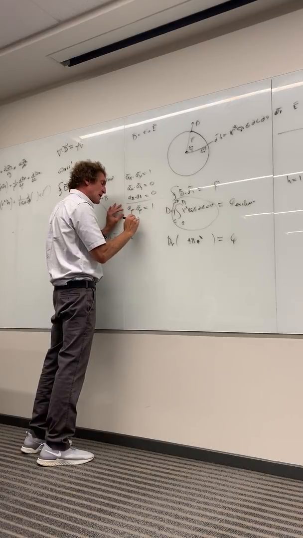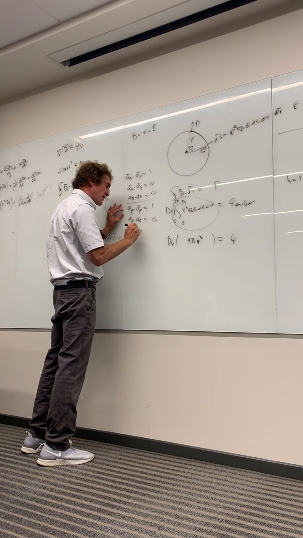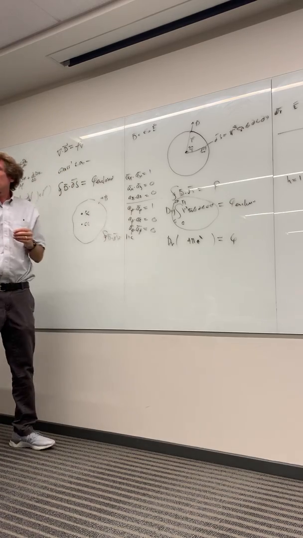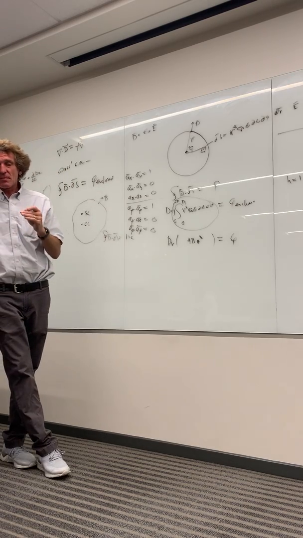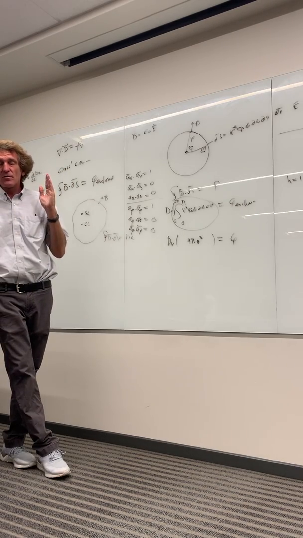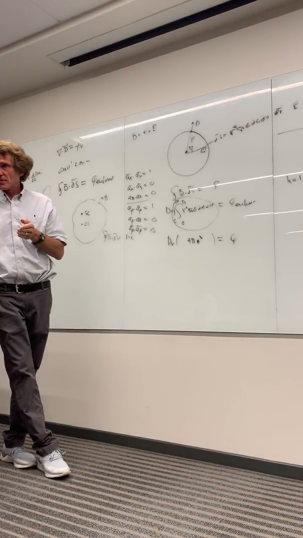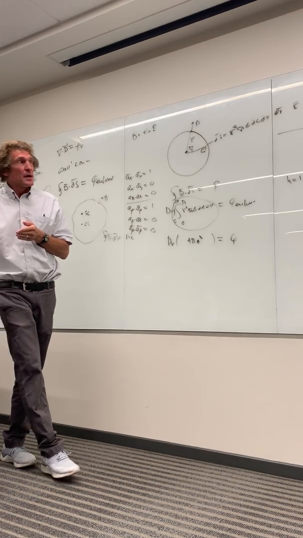A rho dot az is 0. A rho dot a phi is 0. In an orthogonal system, the dot product of a unit vector with itself is 1. For any two that are orthogonal, the dot product is 0, because it's the cosine of the angle between those two vectors that you're really taking.